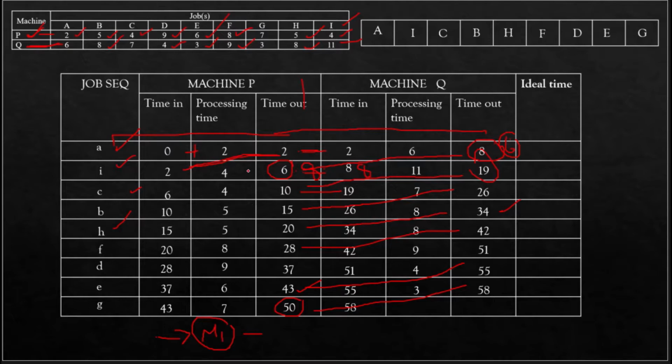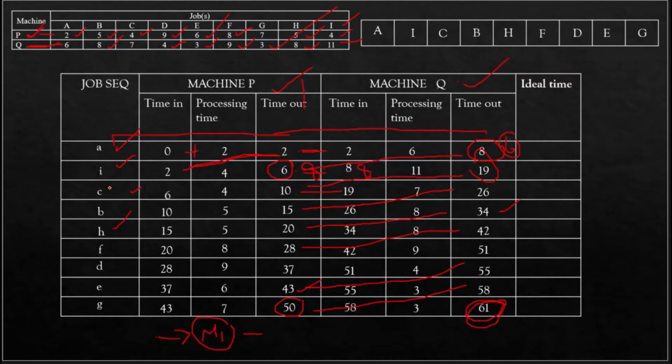And the processing time of the G job is 3 hours. 58 plus 3 is 61. This means the total elapsed time, the total processing time of machine P and machine Q, is 61 hours. So in total we complete all these jobs in 61 hours.